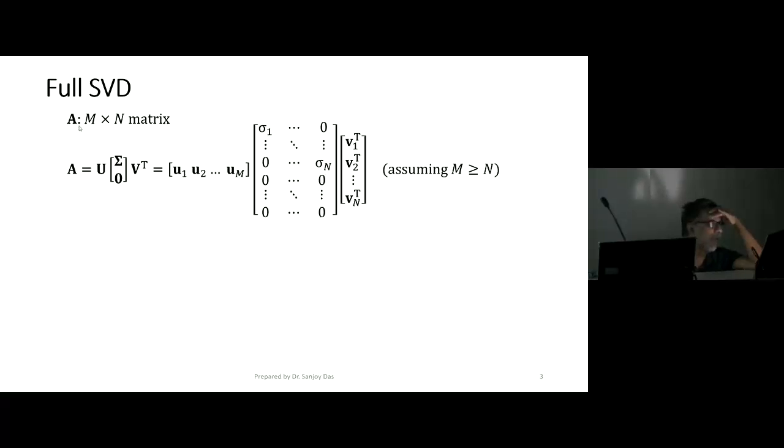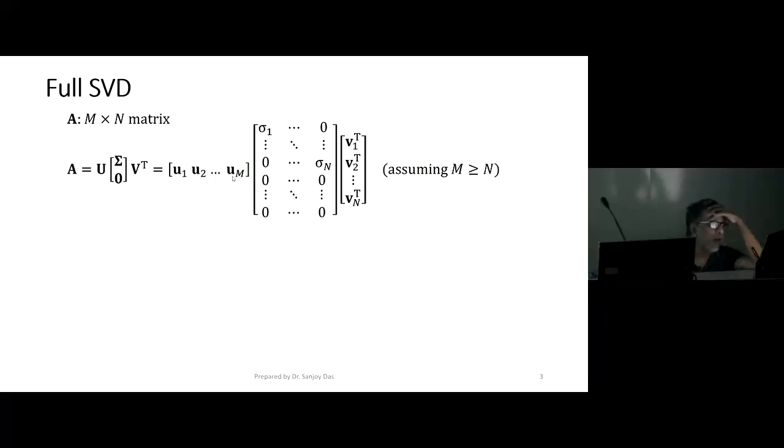Okay, so we begin with full singular value decomposition. Given an M by N matrix A, we'll assume that A is a tall matrix, therefore M is greater than or equal to N. So this is the full SVD. This is what it looks like: U, then this matrix sigma with a block of zeros below it, and then V transpose.